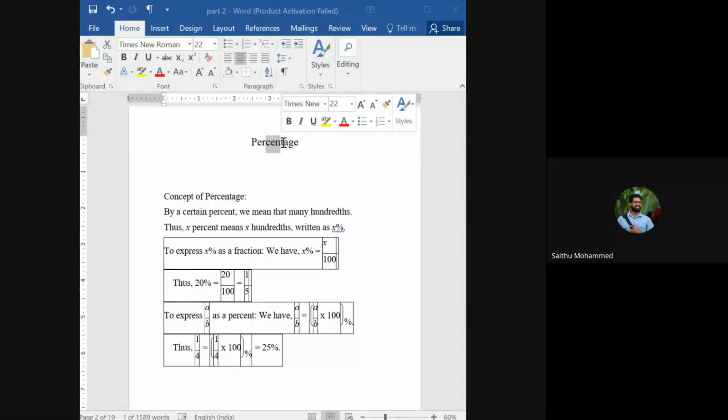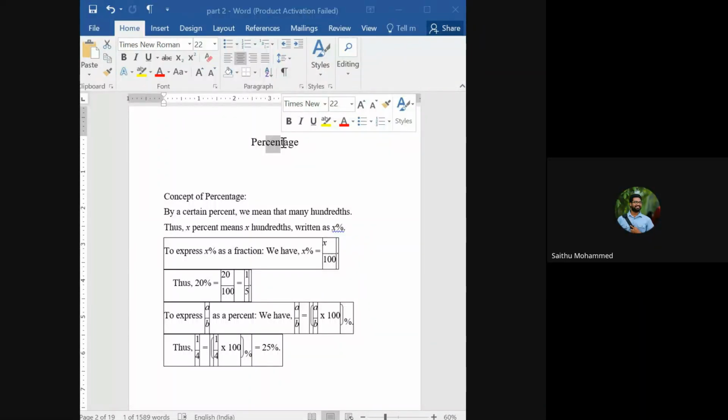By a certain percentage we mean that many hundreds. So x percentage means x hundreds, written as x%. Say we have 100 items in a room; we can say the items are 100 percent, right?